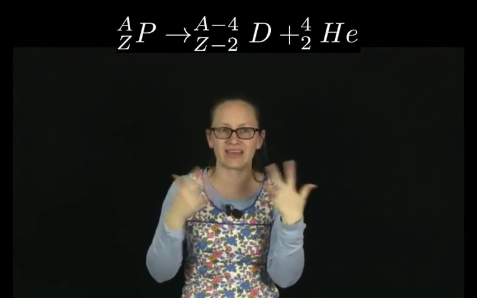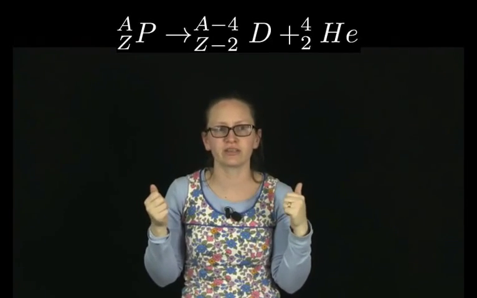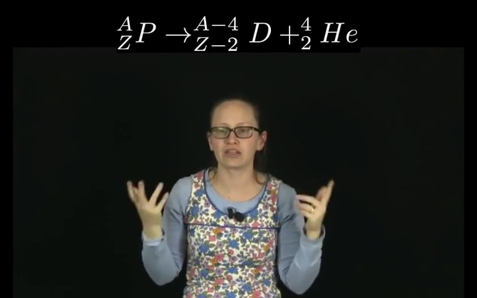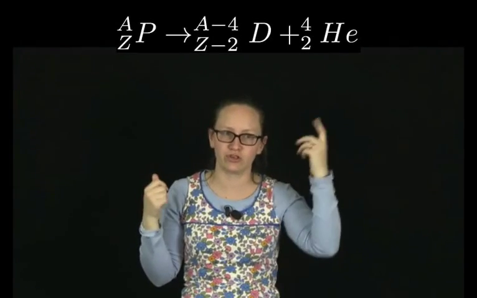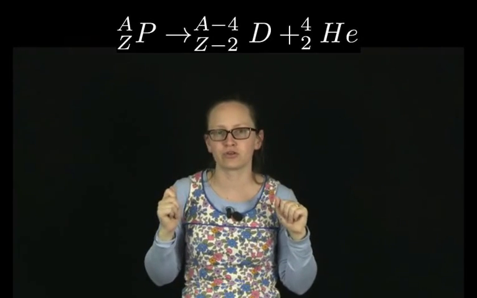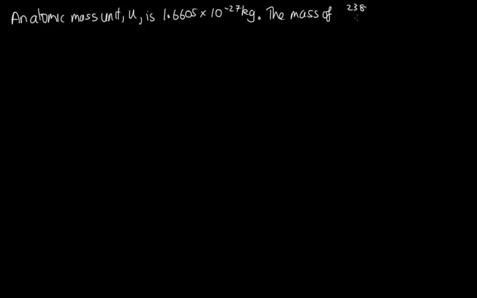Now let's have a look at the mass energy conservation to work out how much energy is released in the decay of uranium-238 to thorium-234. So the problem is: an atomic mass unit u is 1.6605 times 10 to the minus 27 kilograms. The mass of uranium-238 is 238.0508 atomic mass units.